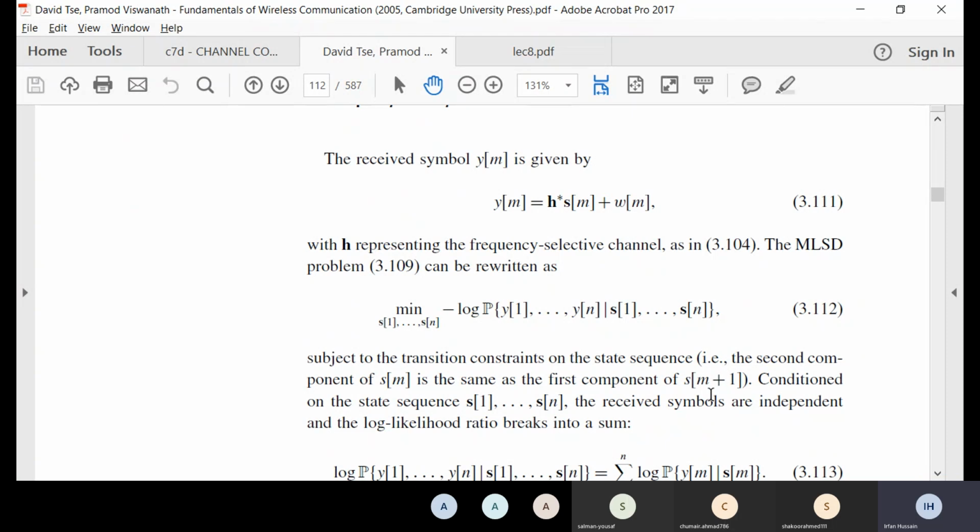So I think here he has made a mistake. This should be a vector here, S vector. So second component of SM is same as the first component of S vector m+1.